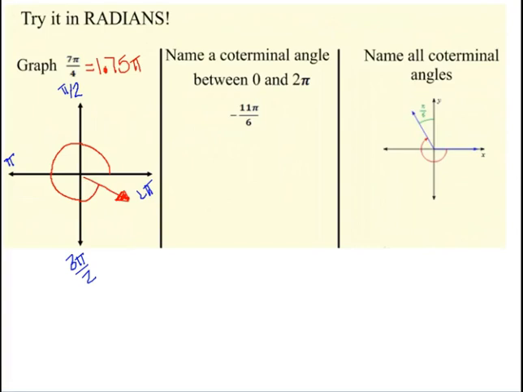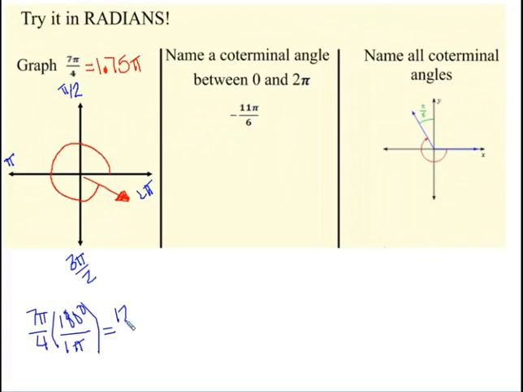Now, something you also could have done is maybe you weren't comfortable graphing it in radians. You can convert this radian into a degree, and that might help you graph it a little bit better. If we use our conversion of 180 degrees in 1 pi, we can multiply across.